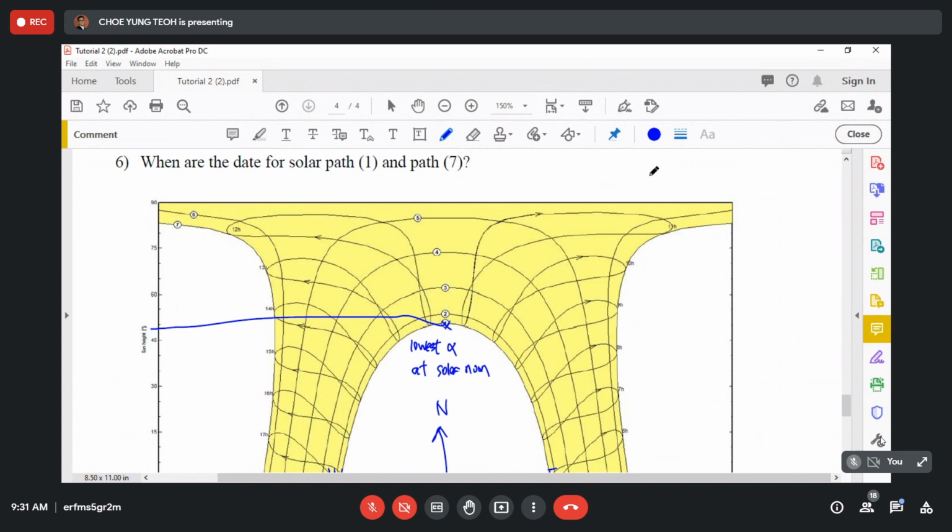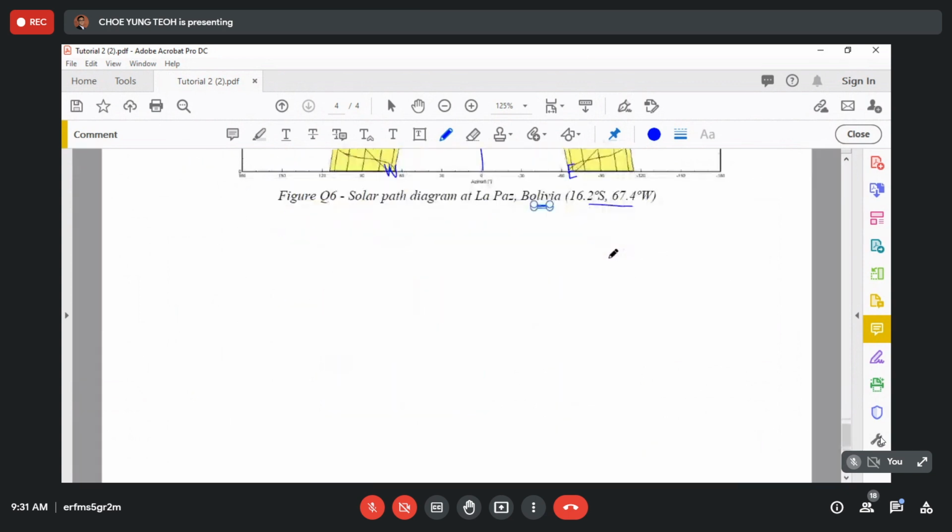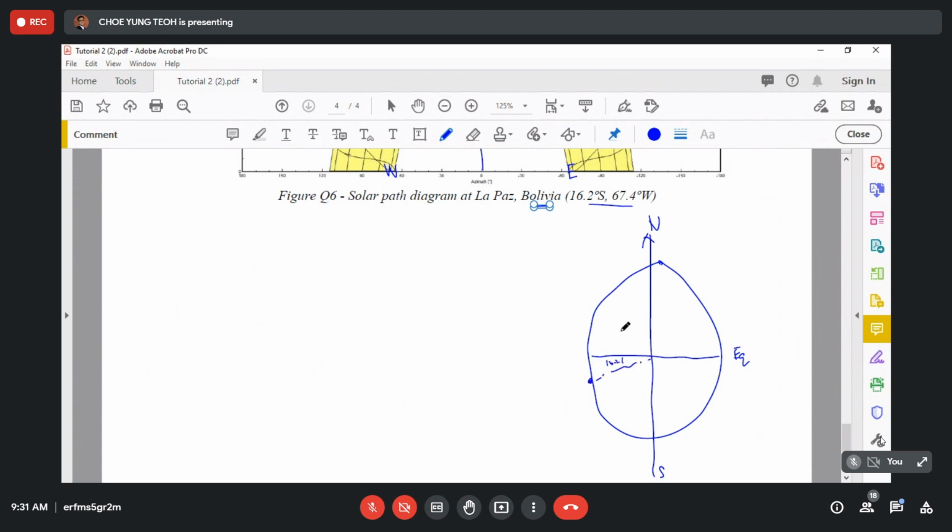So if you draw out the Earth, this is the equator line, and we want to draw the location. The location is here, which has the angle 16.2 to the south of the equator.